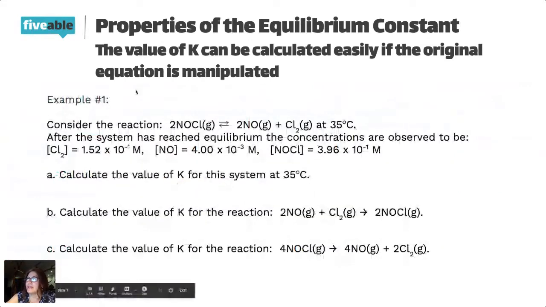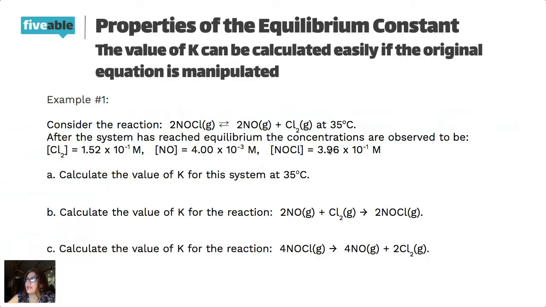Okay, let's do an example with these manipulations. Consider the reaction 2 NOCl in equilibrium with 2 nitrogen monoxide plus chlorine gas at 35 degrees Celsius. And they're telling us that after the system has reached equilibrium, the concentrations are observed to be the following.